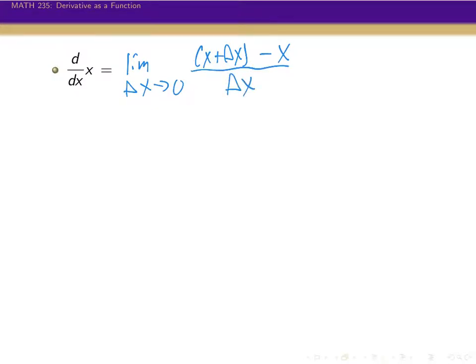And so looking in the numerator here, the plus x on the left is going to cancel off with the minus x on the right. And so we end up with taking the limit of delta x over delta x, and they're going to cancel off to 1. And so we're just taking the limit of 1. And so our derivative is 1.